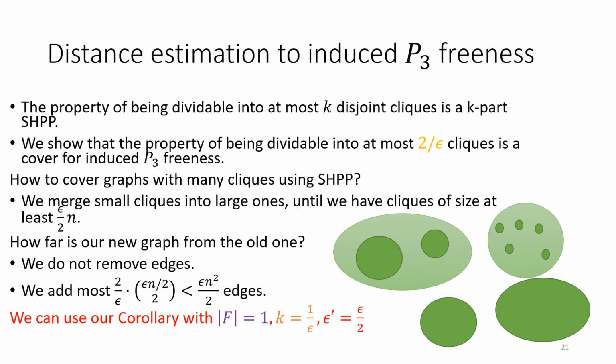As we've now shown that this is a cover for our property, we can proceed with the corollary. Our family is just one property with O of 1 over epsilon parts. Just to complete the proof.